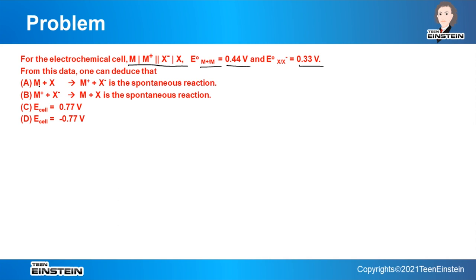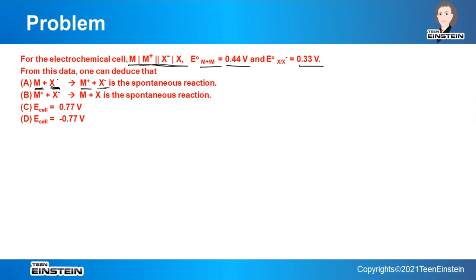So in the first case, both M and X are in zero oxidation state, and after the reaction M is M plus. Sorry, M will give electron to X, because X is reduced to X minus and M is oxidized to M plus. For this reaction, you don't even have to consider the cell representation.